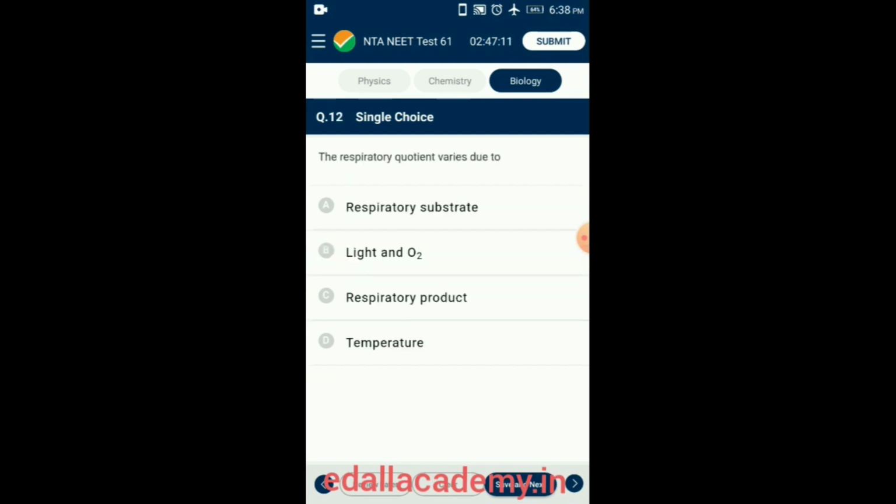Question number 12. The respiratory quotient varies because the value of the respiratory quotient always depends upon the chemical nature of the substrate. In respiration, many types of high energy compounds are oxidized. These are called respiratory substrates or respiratory fuel and include carbohydrates, fats, and proteins.